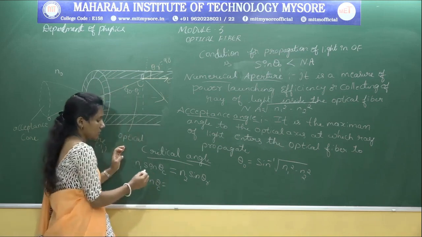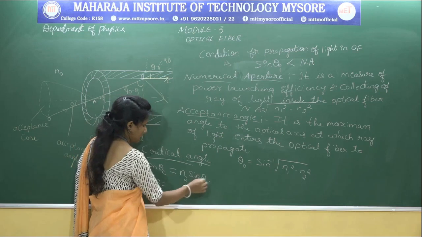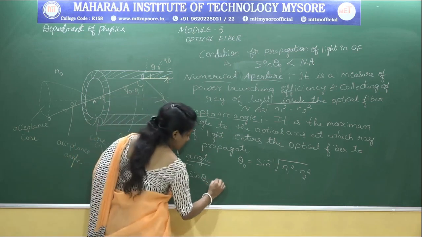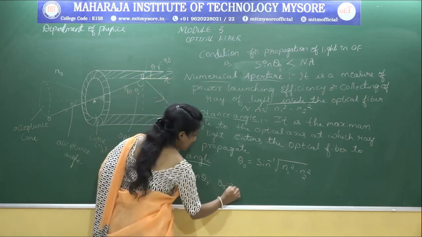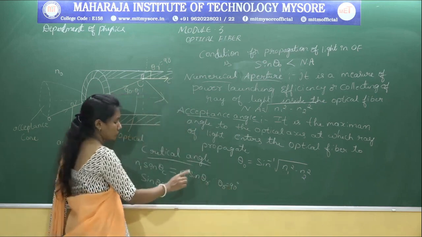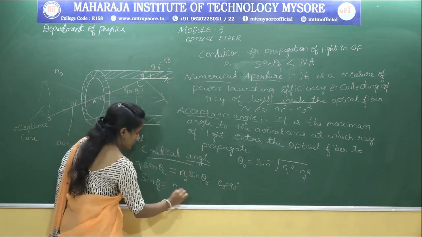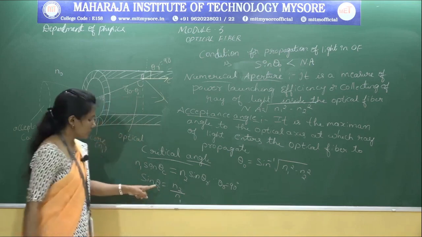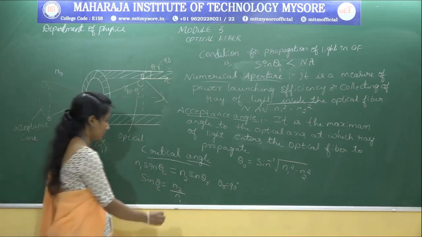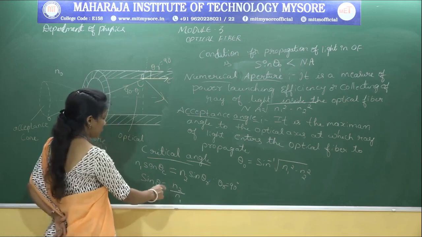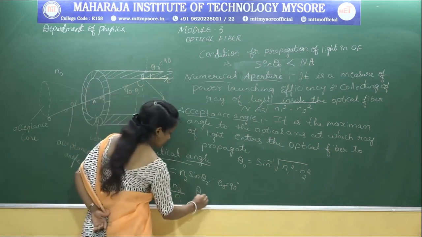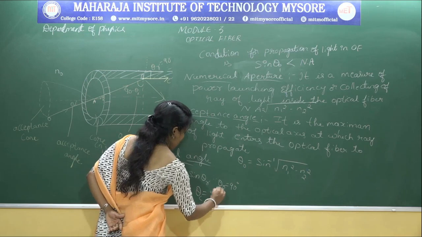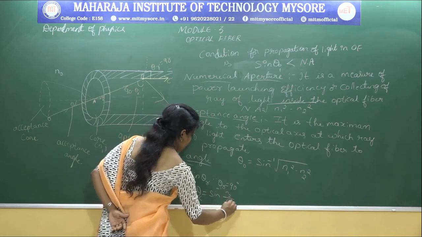So from this we can write sin theta c is equal to n2 by n1, because the angle of refraction theta r is equal to 90 degrees, and sin 90 degrees is equal to 1. So theta c is equal to sin inverse of n2 by n1.